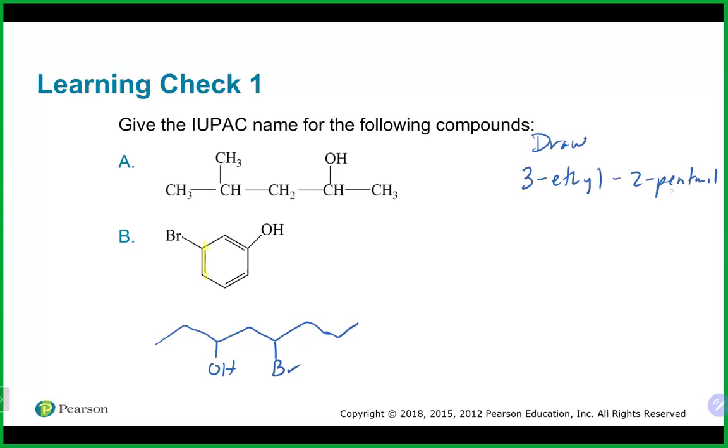So once you draw 3-ethyl-2-pentanol, once you also draw cyclohexanol as well.